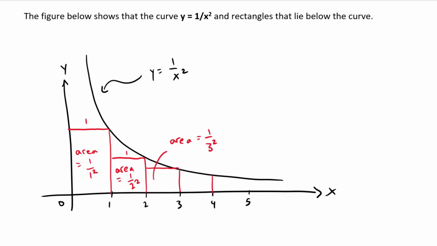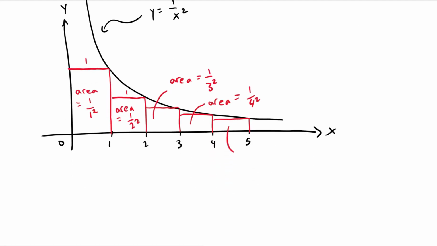Then we have another one here. Notice how it's always below the curve, and this is our series that we were looking at: 1 over 3 squared, 1 over 4 squared. And finally, just another fifth one, where area equals 1 over 5 squared.